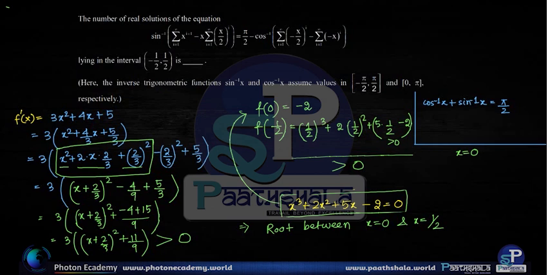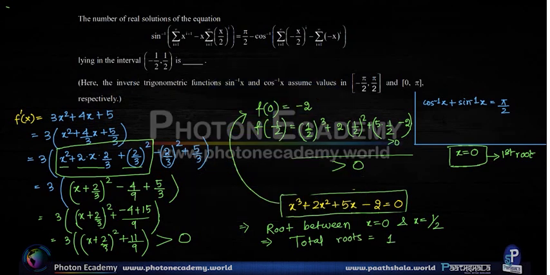That implies this is our first root that we got. That implies total roots is equal to 1 plus 1, which is equal to 2, which is the final answer.